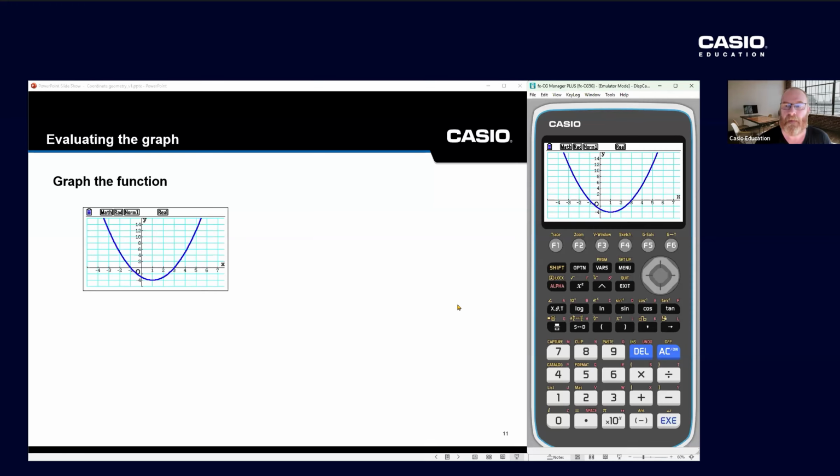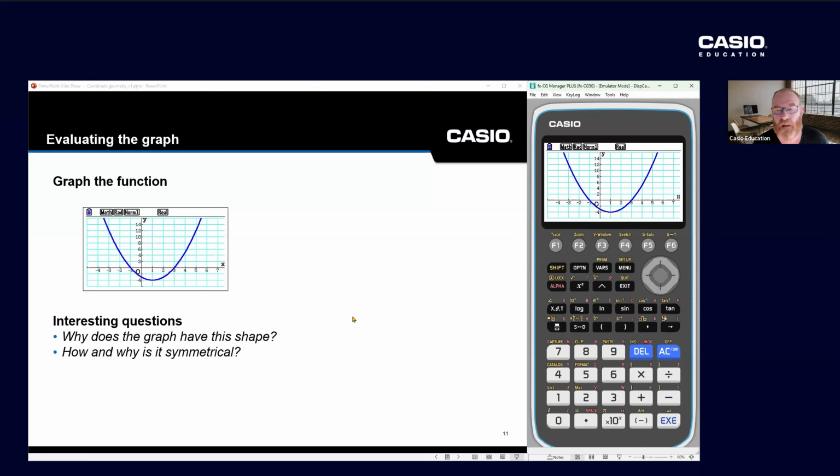This then enables you to ask questions, obviously, to your students along the lines of: why does the graph have this shape? Why is it U-shaped, or V-shaped if they want to call it that? How and why would this be symmetrical? Is that linked to the fact that you are squaring something, of course?